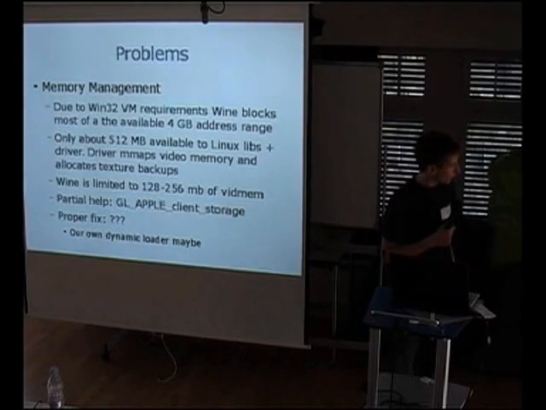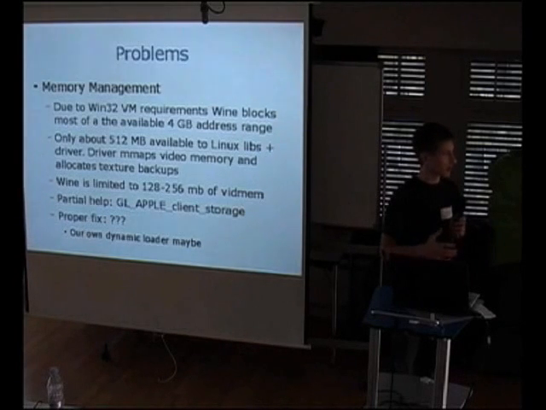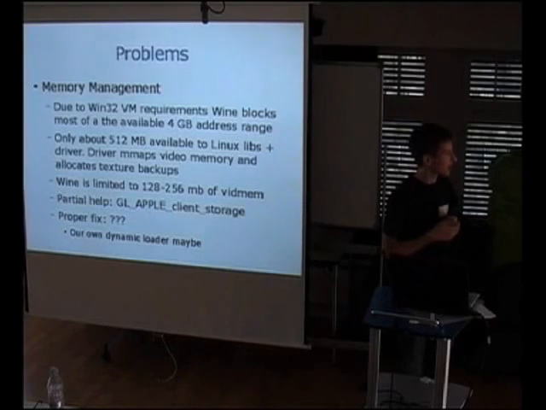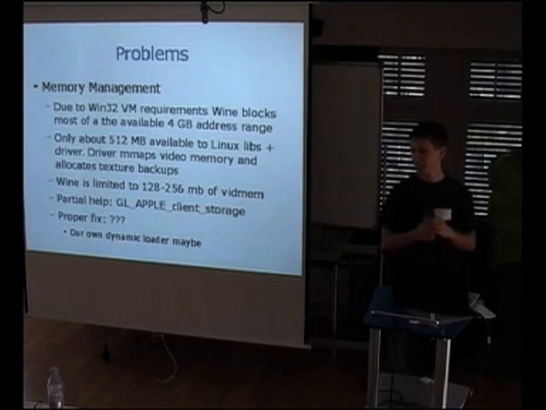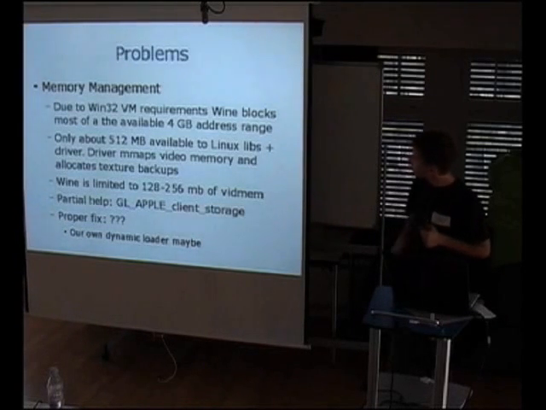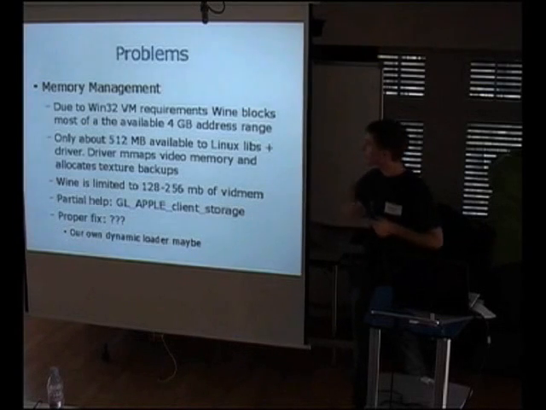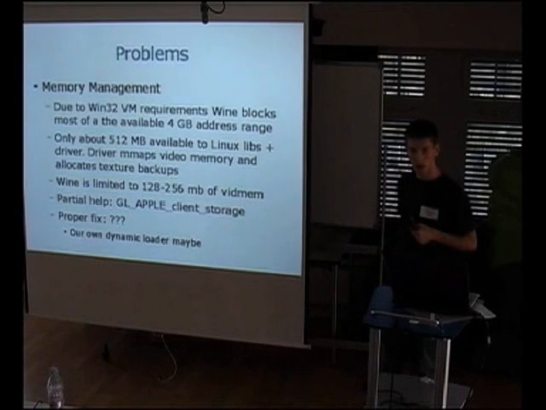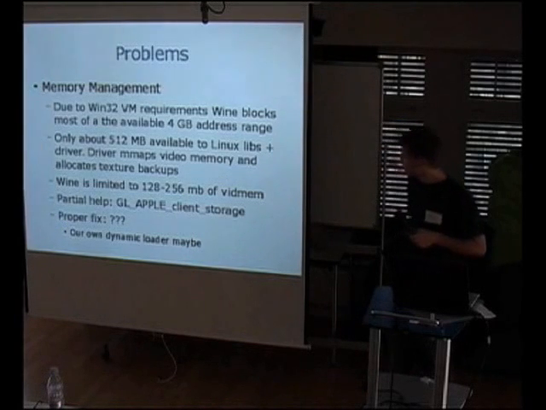And with client storage, we provide the Apple OpenGL implementation with the memory for the backup. So we fix half the problem, but we still do not fix the video memory that is mapped in. We use less memory from that limited place, but Wine can use the blocked range for heap allocated memory and so on. But it's a pretty messy problem.